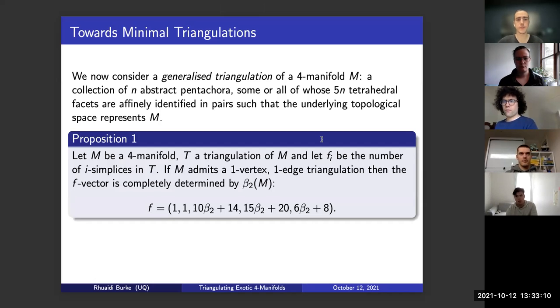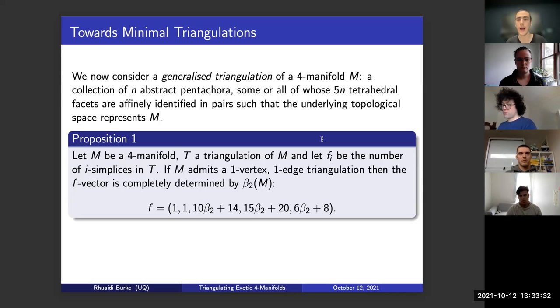So if you've got a generalized triangulation of a four manifold, let F_i be the number of i-dimensional simplices in the triangulation. If you have a one vertex, one edge triangulation, then the F vector is completely determined by the second Betti number of the triangulation.